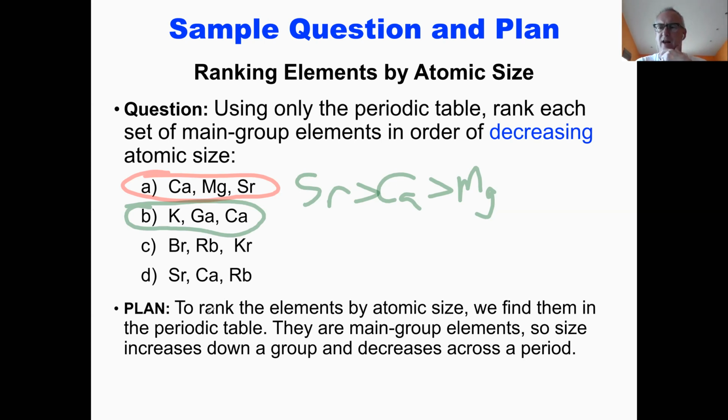Are these elements in the same period or in the same group? That's the first thing you need to ask yourself. They're in the same period. Okay, so which one is the biggest of this particular grouping?